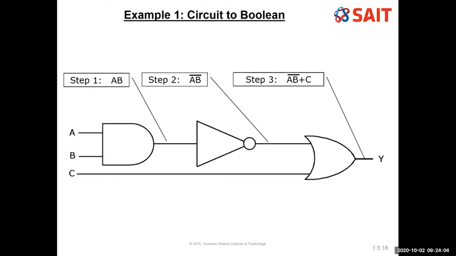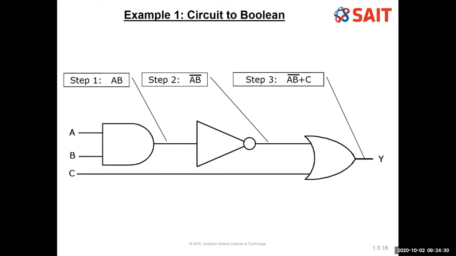So if I have something like this, I've got a logic circuit to analyze. Step one, working from the left, I've got A and B. I keep analyzing the output of that, and I find it goes to an inverter. So I've got not A and B. I keep analyzing that, and I can see that it goes to an OR gate.